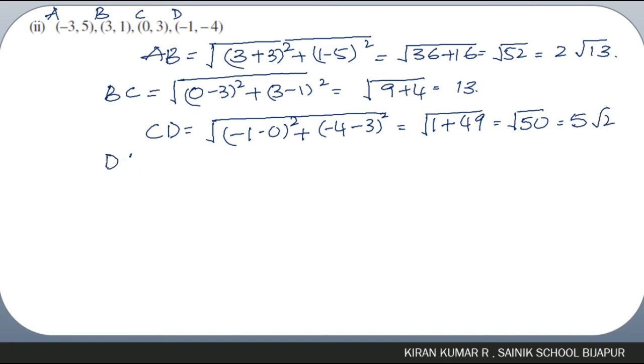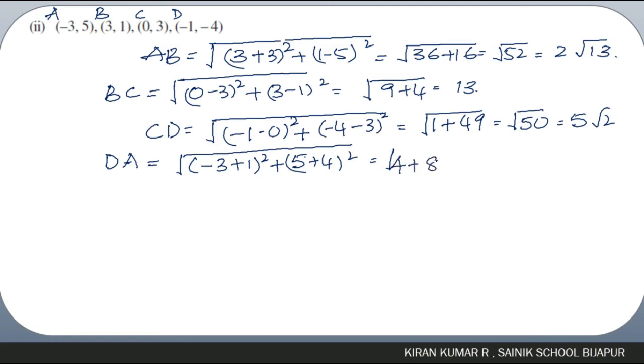Let's find the length of DA. The length of DA is root of (−3 + 1) whole square plus (5 + 4) whole square, which is root of 4 added to 81, which will be root 85. Let us find the length of the diagonal AC.